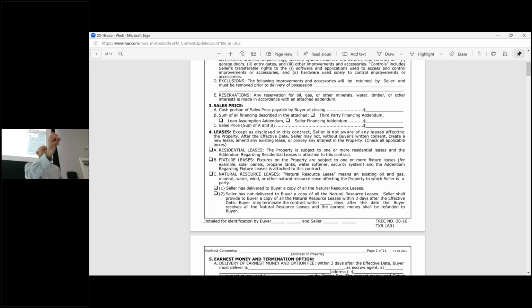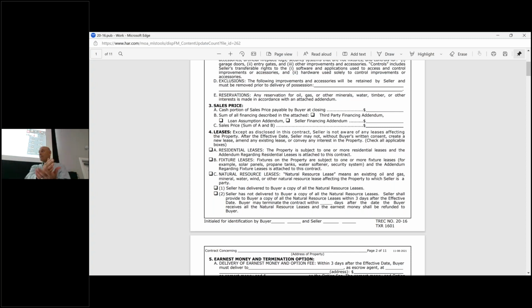A copy of that lease agreement must be provided to the buyer, and that's what this says down below. Residential leases, fixture leases, natural resource leases, the seller has to provide all that documentation to the buyer. And once we go under contract, seller, you can't change it.